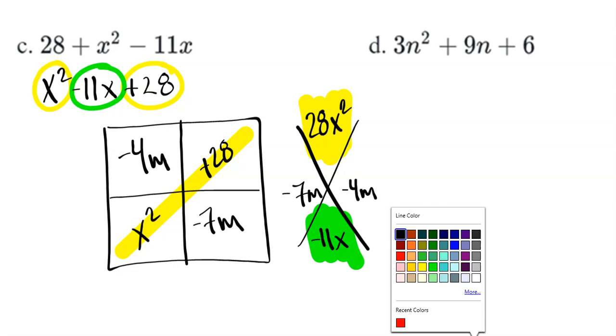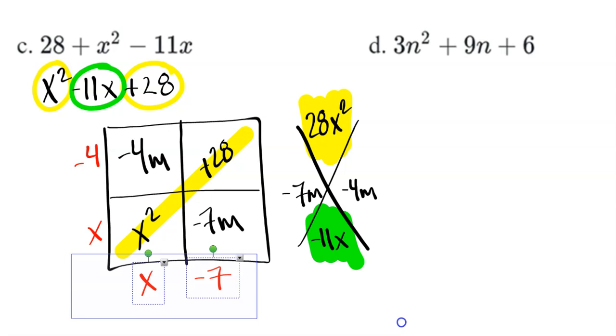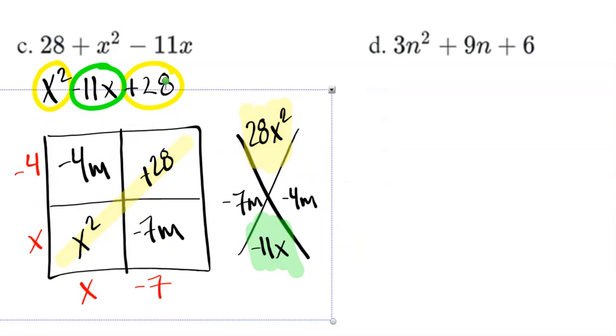And then looking for our factors, we would say, okay, we need the x, and we also need the x to get the x squared. To get a negative 7, we need a negative 7, and to get a negative 4, and then that gets to a positive 28, negative 4 times negative 7. So that takes care of that. So we'll just move this over to there.